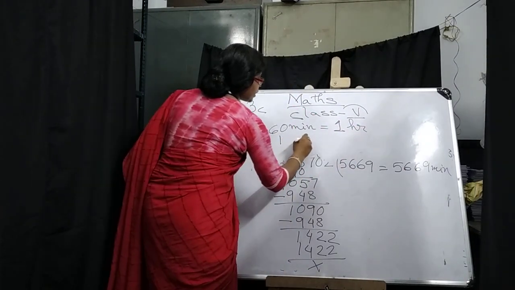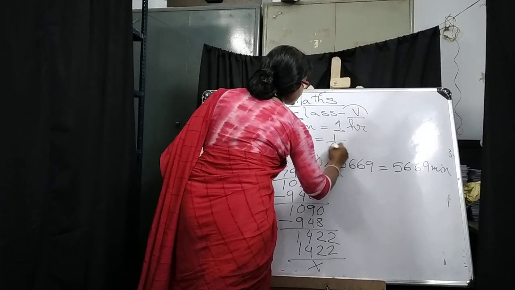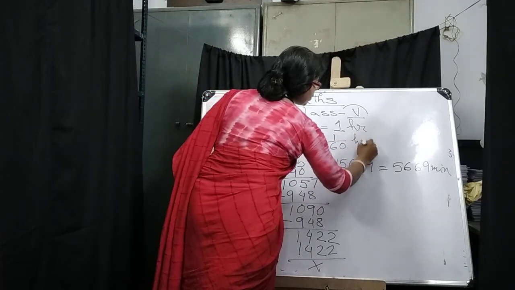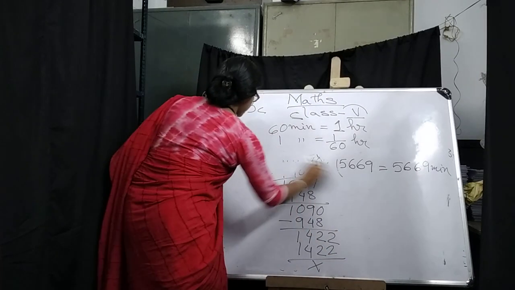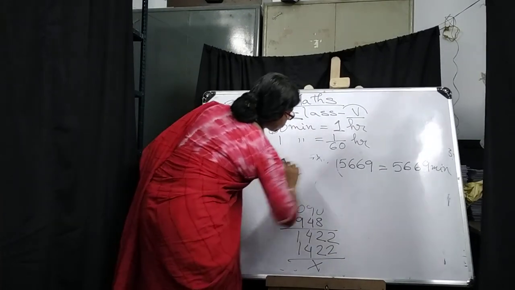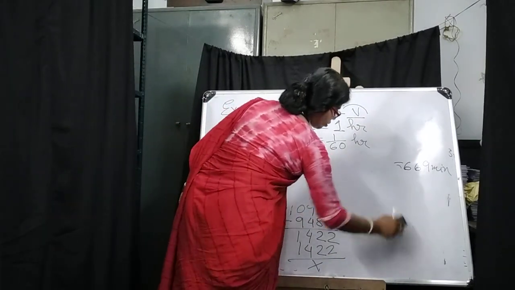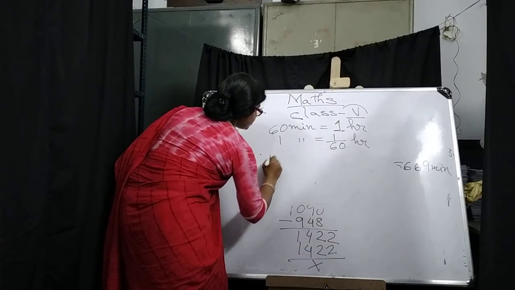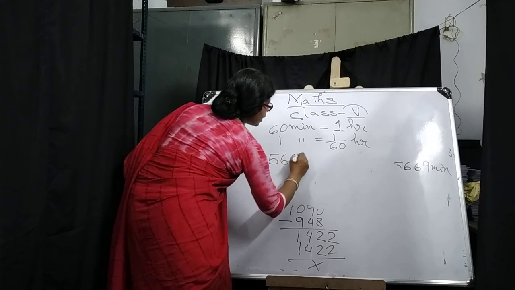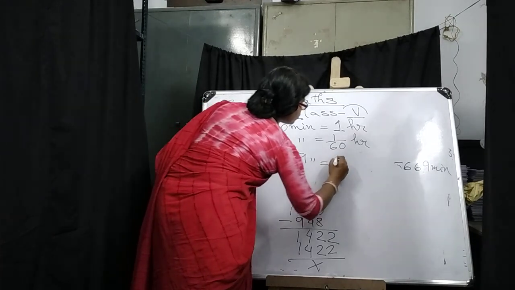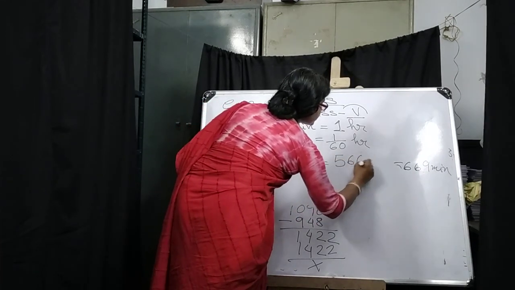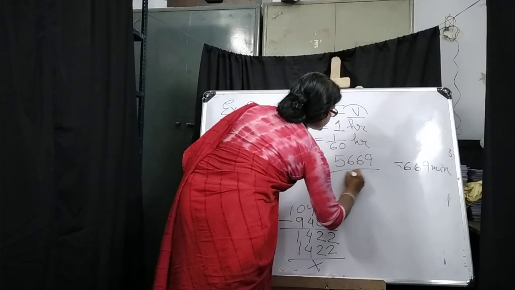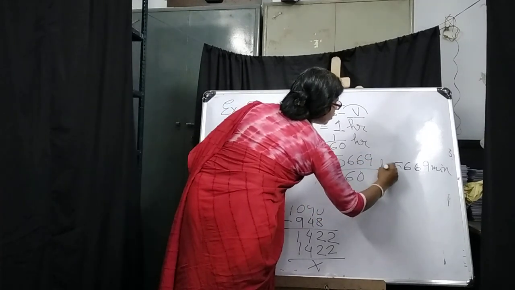Therefore, 1 minute equals 1 by 60 hour. Therefore, 5669 minutes equals 5669 divided by 60 hours.